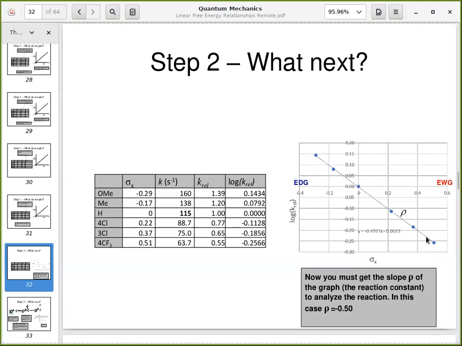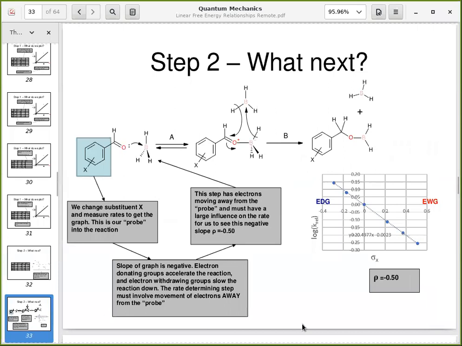And of course, when we calculate the slope, we find it to be minus 0.5. And so our initial analysis of this is that the graph is negative, and so electron donating groups accelerate the reaction and electron withdrawing groups slow the reaction down.